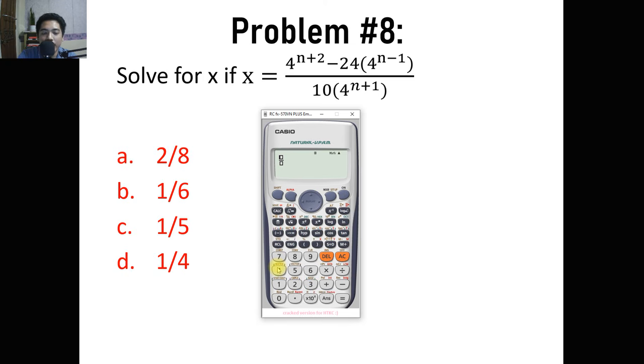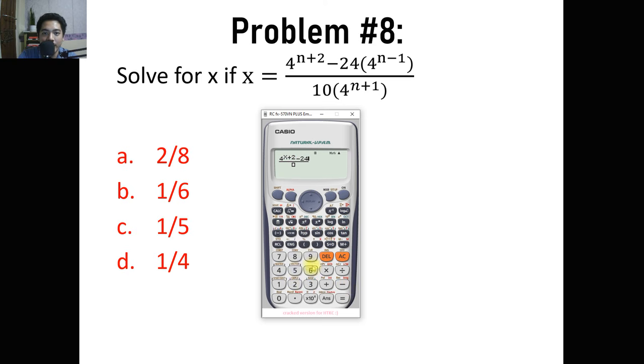In order for us to get this, 4 raised to, instead of n, we replace it by x. Because there is no variable n in here. You can also use y, but because we are finding for x, this is pretty much the same. So it doesn't matter.